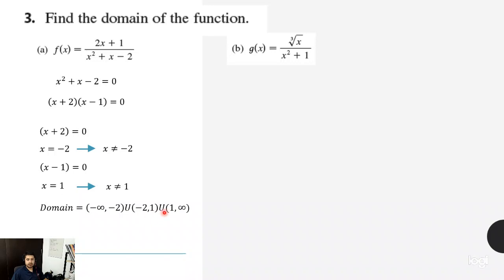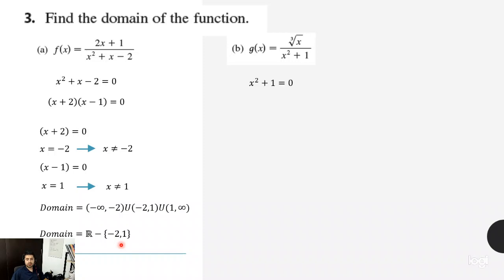And then again, you have the union from 1 to infinite. This is one way to present it, or maybe it could be all the real numbers minus, with these brackets, minus 2 and 1. So all the real numbers can be used in this domain except these two.